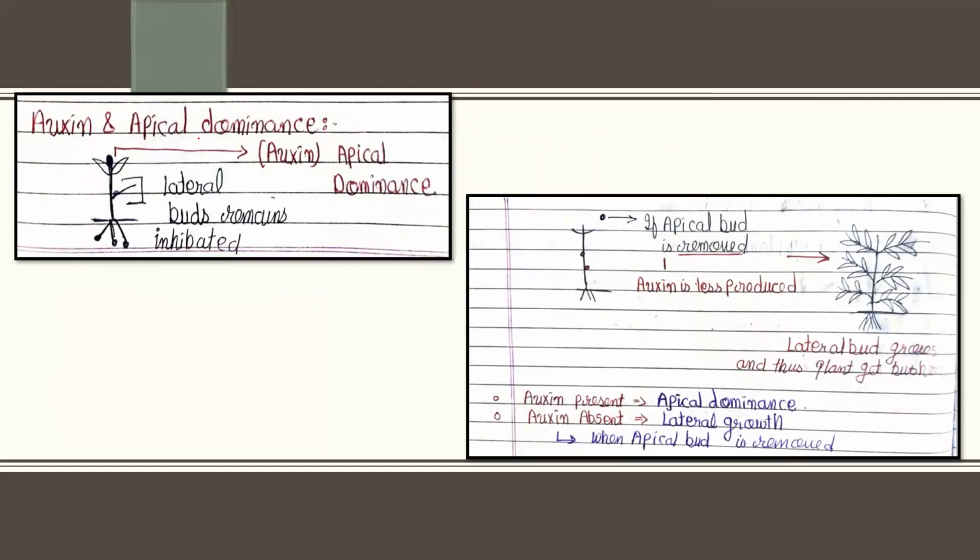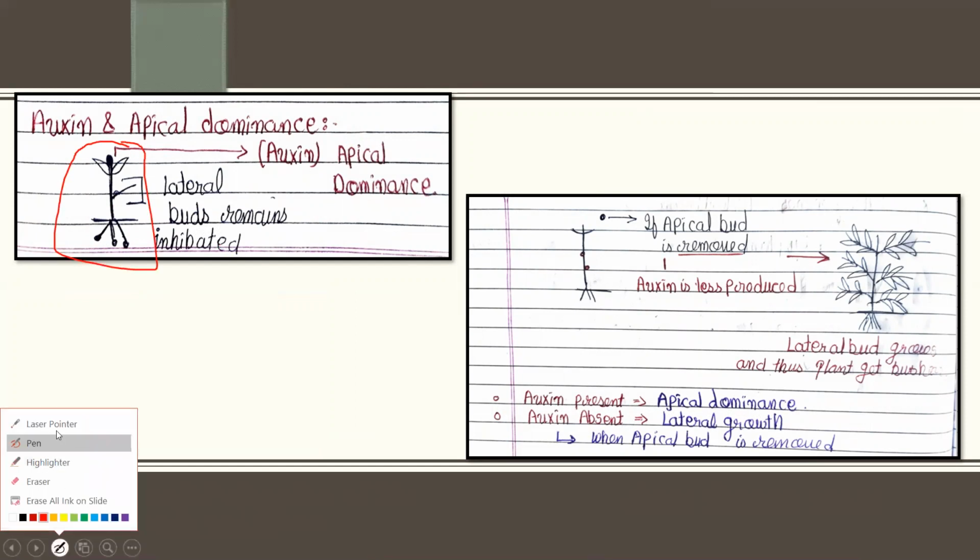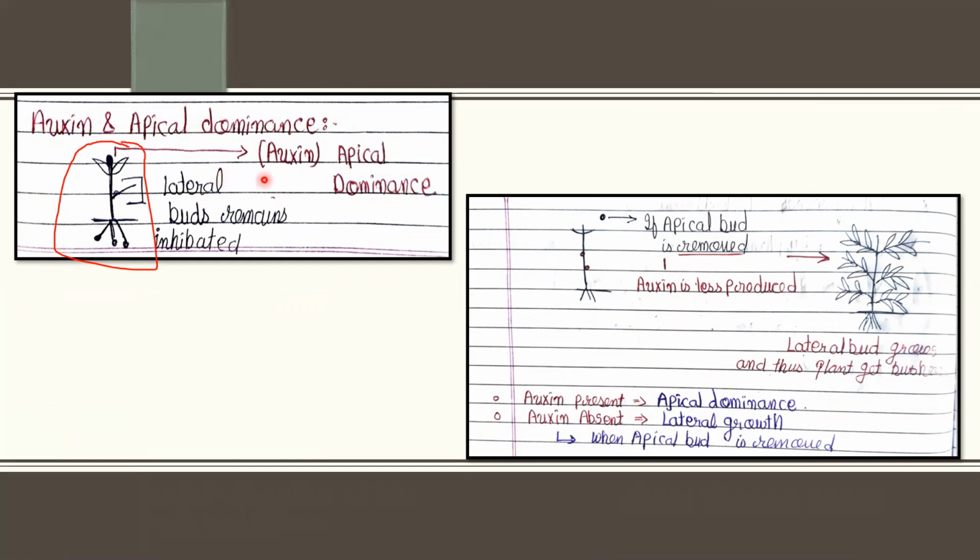Now, auxin and apical dominance. So here is the diagram of a plant. Let me take a laser pointer. So auxin induces apical dominance. Due to the presence of this apical bud, there is auxin inside this apical bud, and that's why the lateral bud remains inhibited.